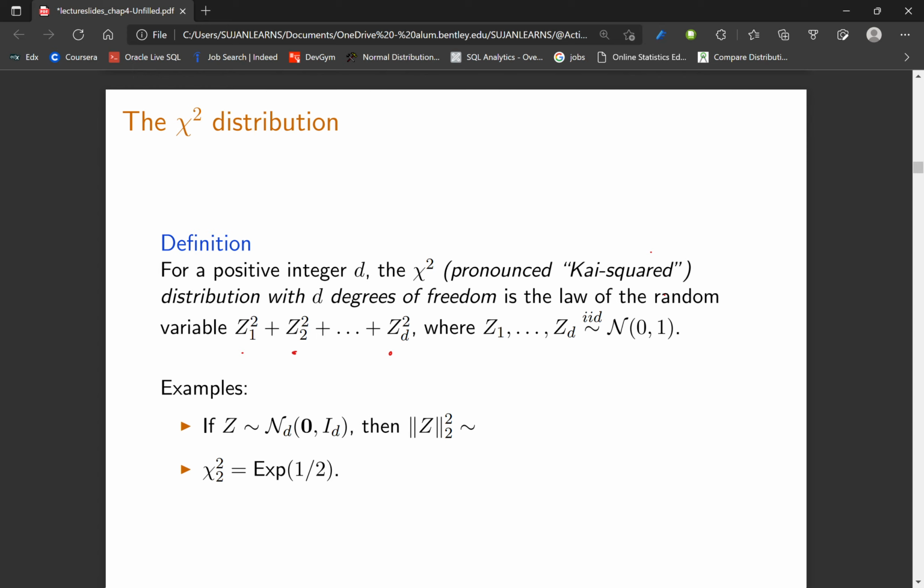And we take the square of the L2 norm of these independent Gaussian variables. Then what we get is a distribution called chi-square distribution. This is called chi-square distribution with d degrees of freedom.